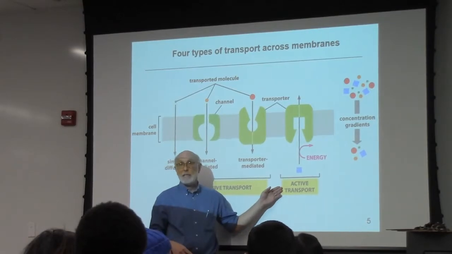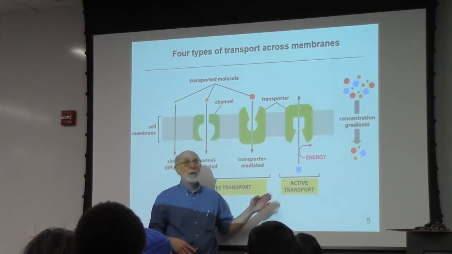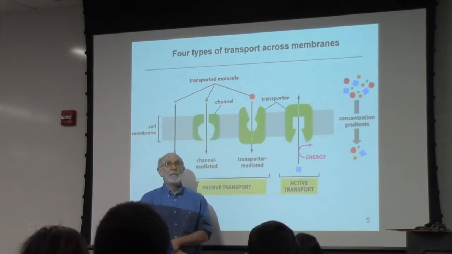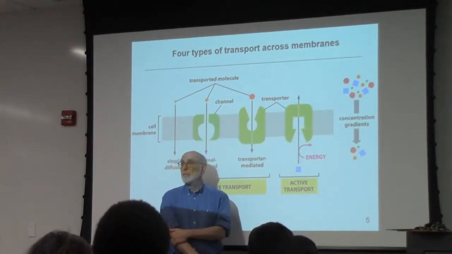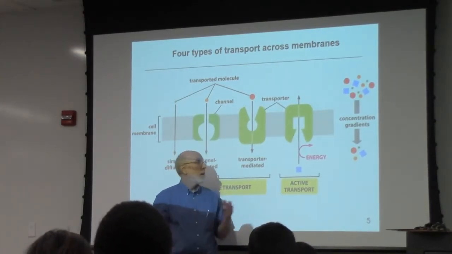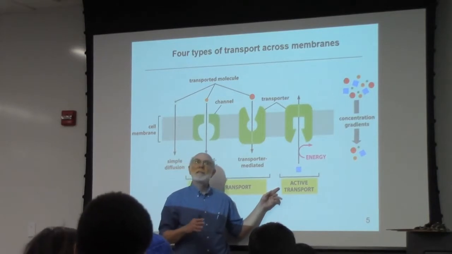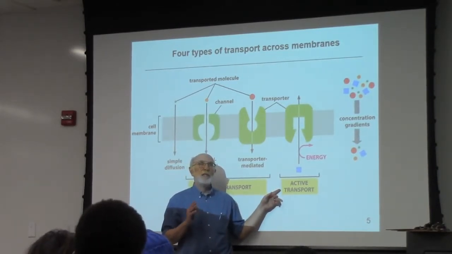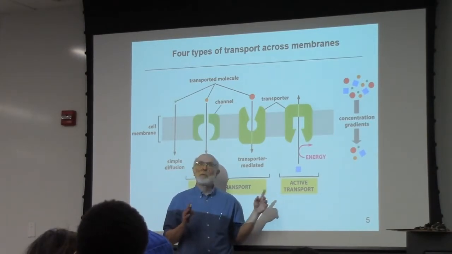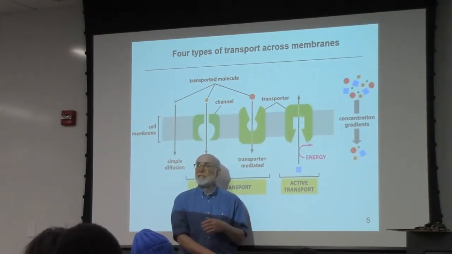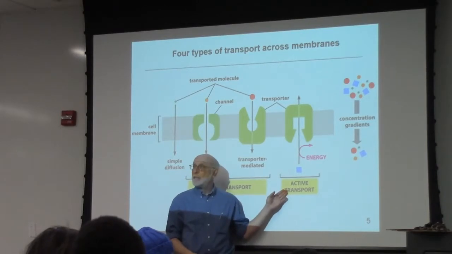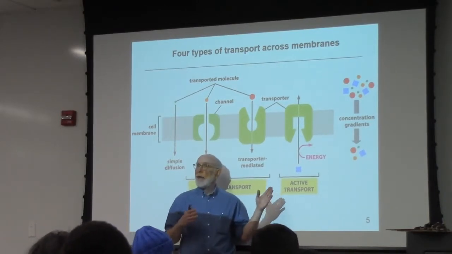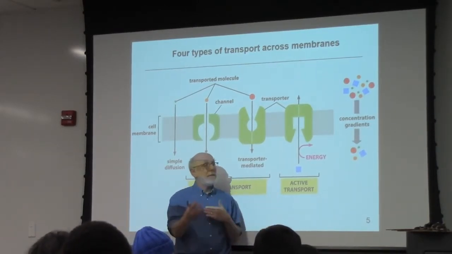Calcium ATPases are another class of active transporters that build calcium gradients. But you'll also remember that there are secondary active transporters that use the gradient that was established by an ATPase and convert that gradient into a different ion gradient.